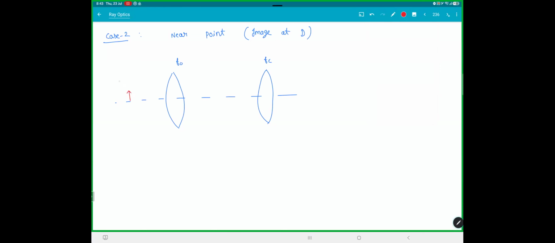This was your object. You get an image. So these light rays, when they go like this, and when you extend them backward, this is your final image. And that image should form at a distance D from the back. That's the meaning of it.